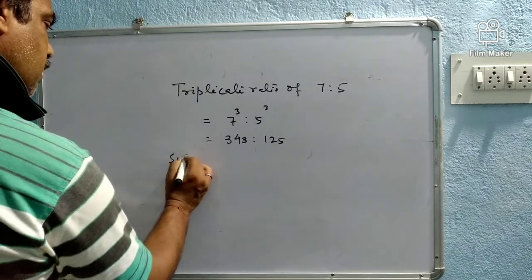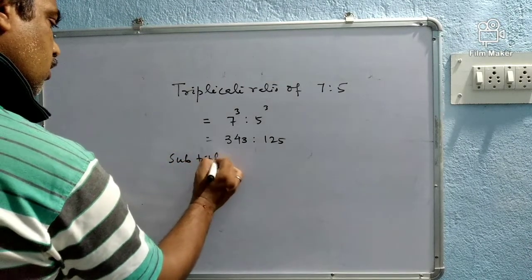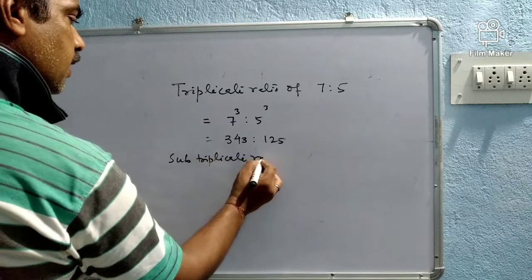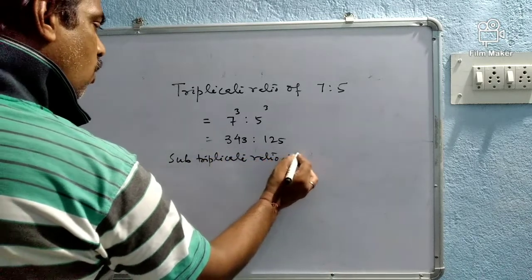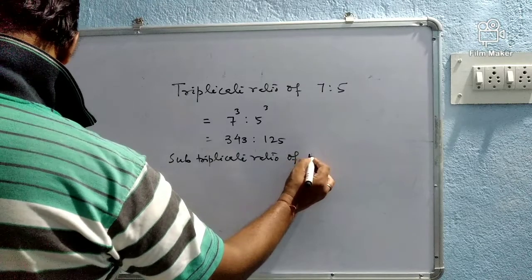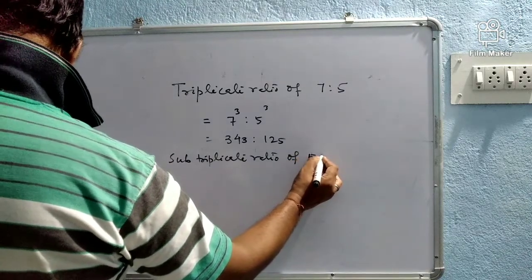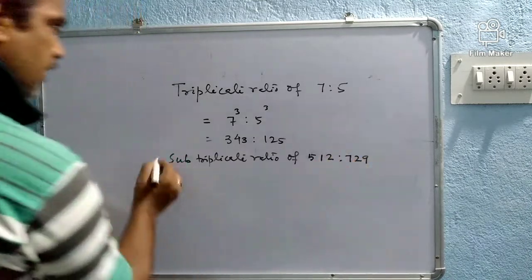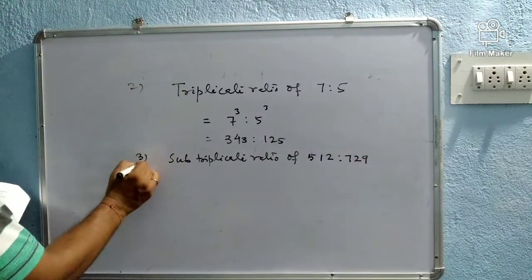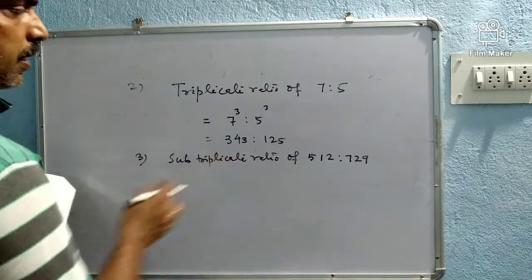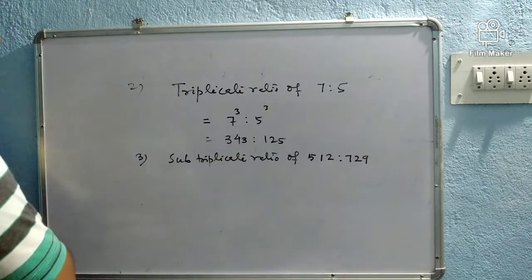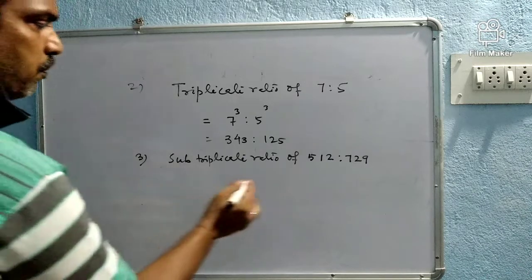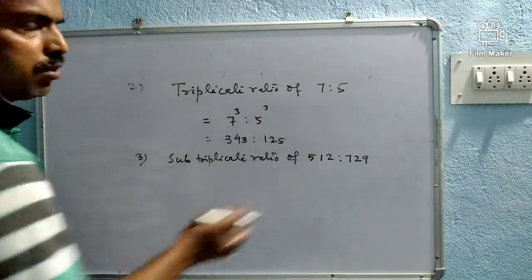Similarly, sub-triplicate ratio. Sub-triplicate ratio of, for example, 512 is to 729. It is the second question. So sub-triplicate ratio, how can you find out? We'll have to take the cube root of this and the cube root of this.